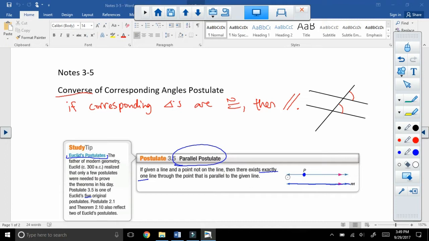If that line were just a little bit off, then eventually it would intersect. So there's only one line through that point parallel to the given line. That's called the parallel postulate. I threw that in just to give a shout out to Euclid and all the work he did to help us out with geometry here in the future.